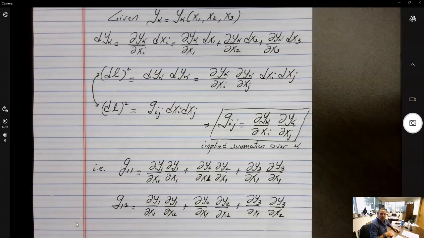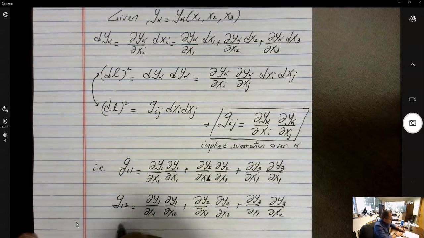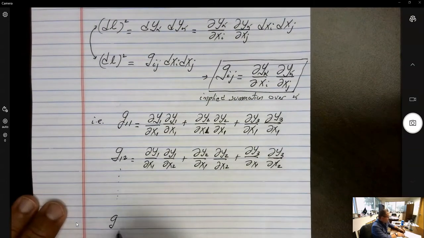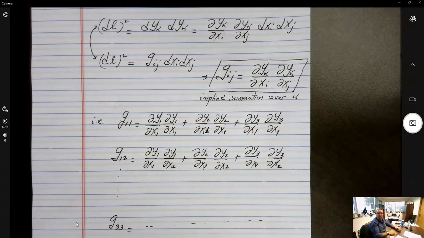And that will actually provide you all the elements of the metric tensor all the way to G33, providing you all 9 components. But remember, the metric tensor is always symmetric. So if you calculate G12, you don't need to calculate G21. This will be perfectly equivalent to that one. All right.